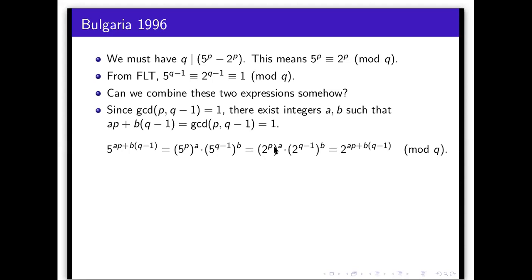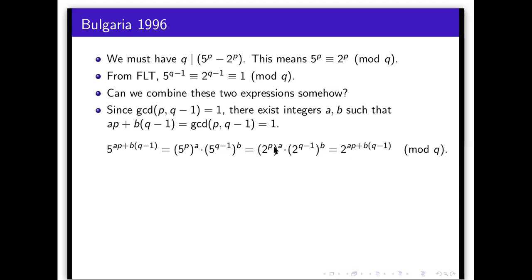So if you have a prime p that's greater than some integer q minus 1, obviously q minus 1 is not divisible by p, so their GCD is 1. And because they have a GCD of 1, we can find integers a and b such that a times p plus b times q minus 1 is equal to their GCD, which is 1.